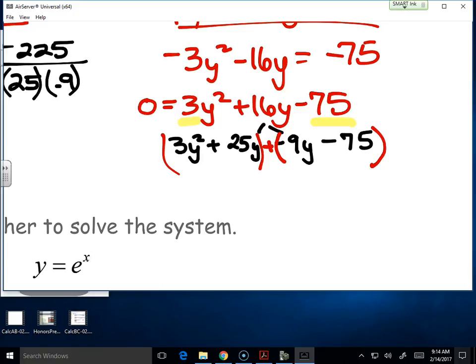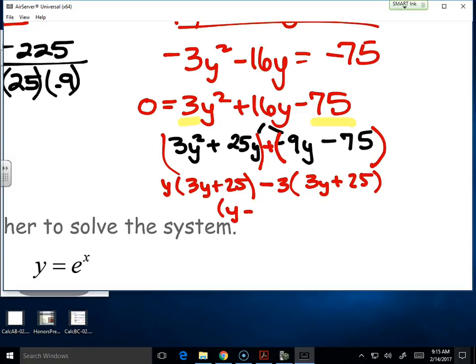Then we pull out a y from this one, we get 3y plus 25. You can pull out a negative 3, good. Then we get 3y plus 2. It's not pretty, but we got it. It still equals 0 over here.